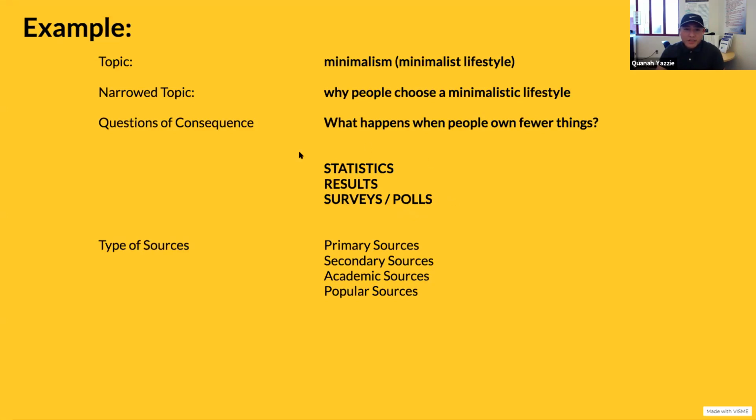To generate data for our research, it's up to us to identify what we can actually use within our research. From what I explained before, the primary, secondary, academic, and popular sources, we can then identify which ones we can use. Primary research and sources are things that we conduct ourselves, or that people conducted themselves, and we're going to use it.